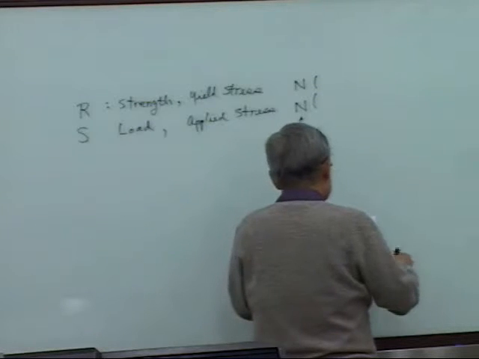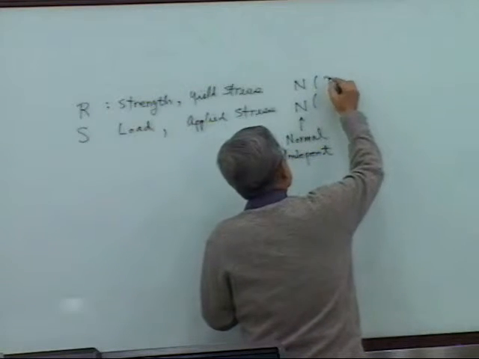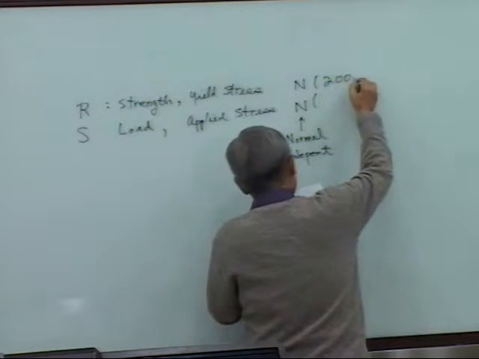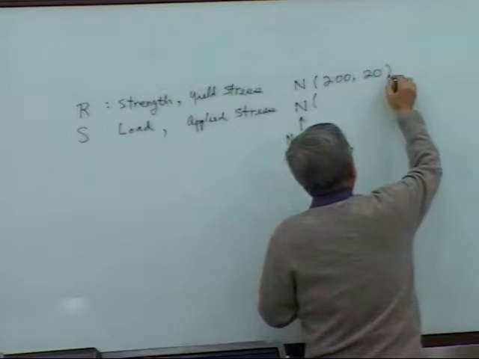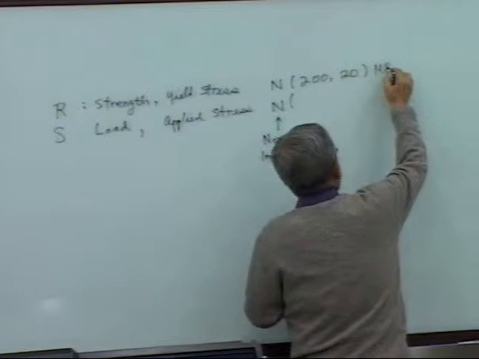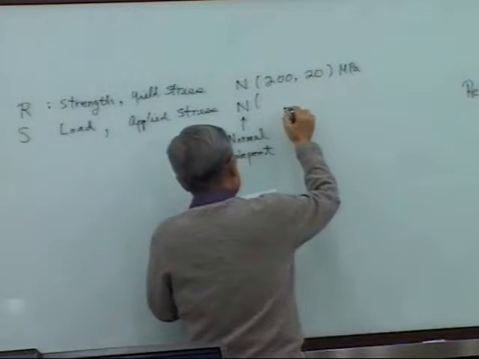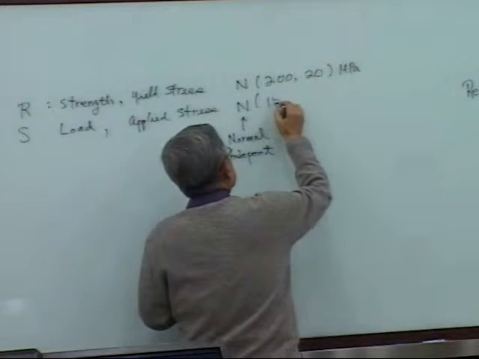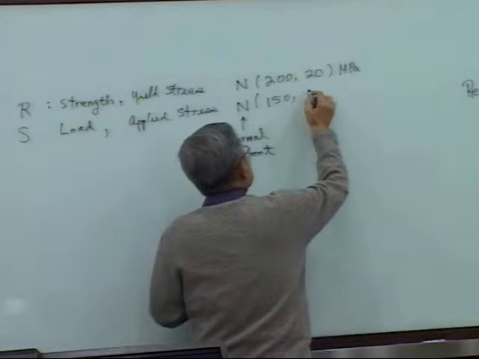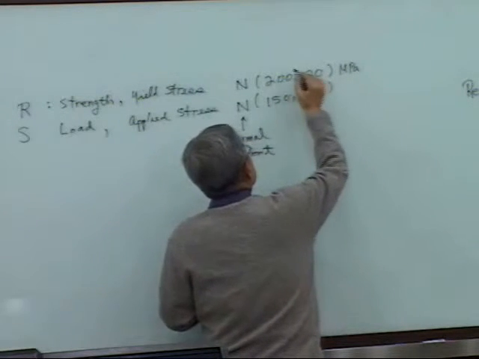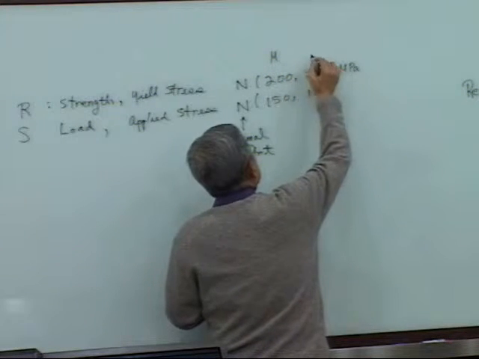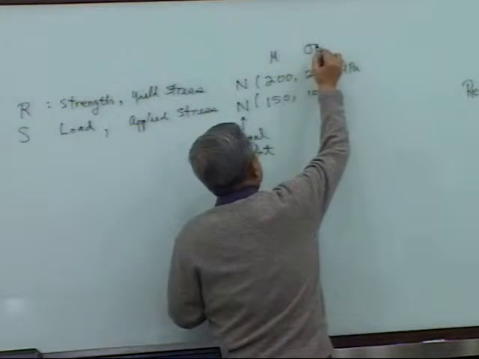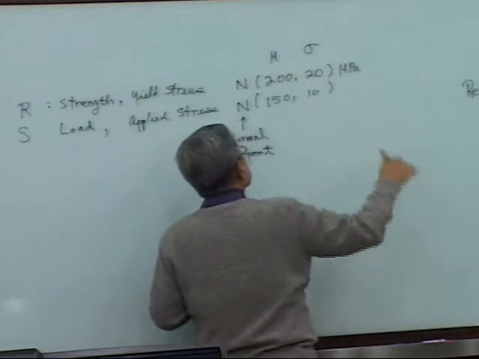Here I'm going to say 200 and 20. The unit is megapascal, and this is 150, and this is 10. So this is the mean, and this is the standard deviation.